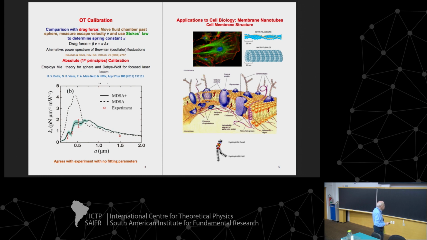Okay, by using these ideas in our lab, we finally, after several years, managed to produce a first principles theory for absolute calibration. This was published in 2012, and here is the experimental test.